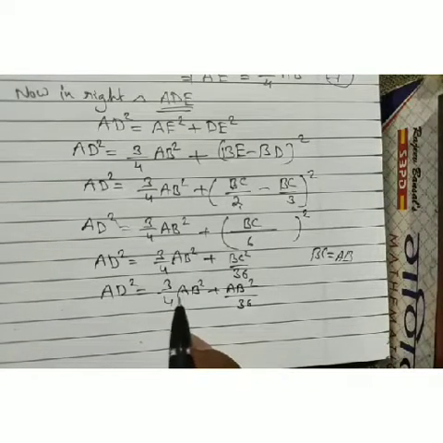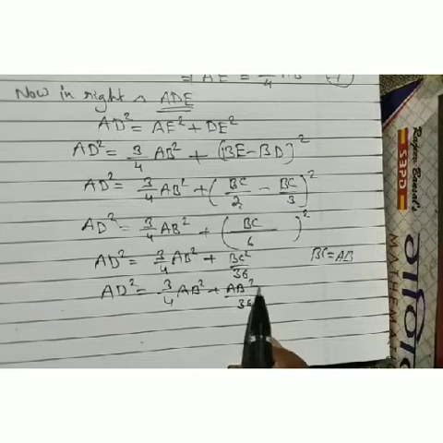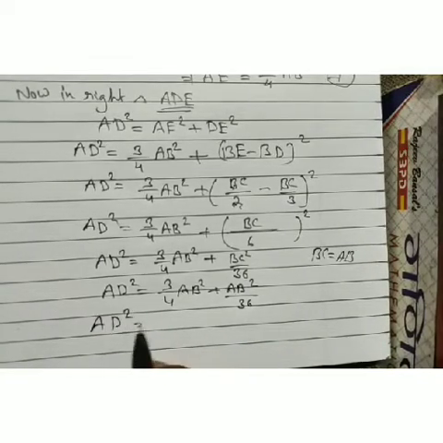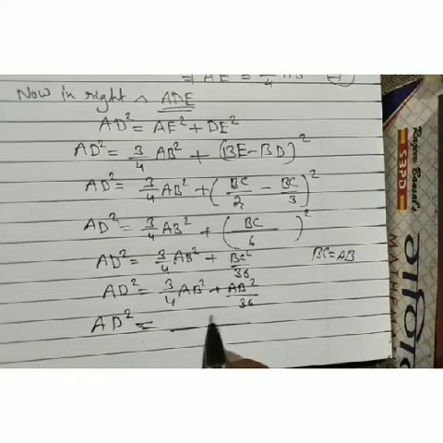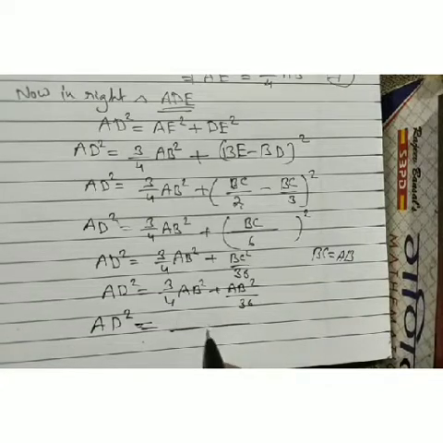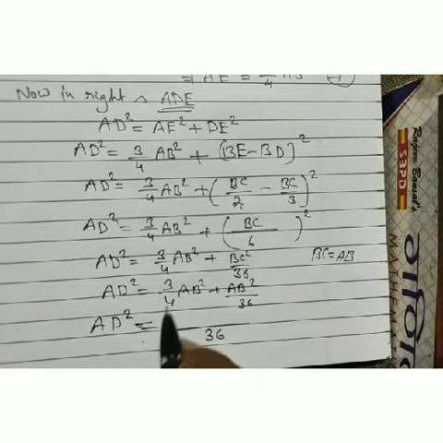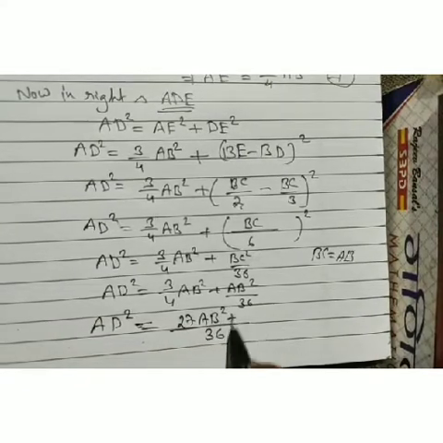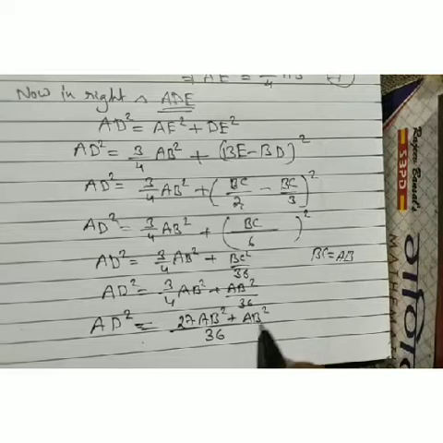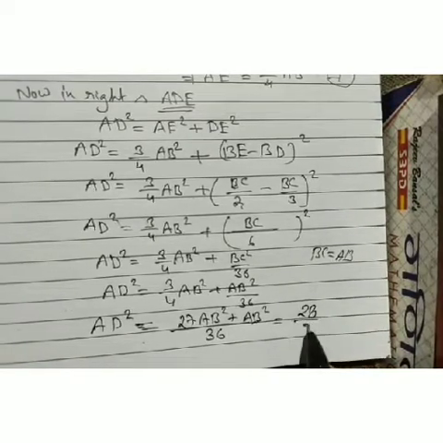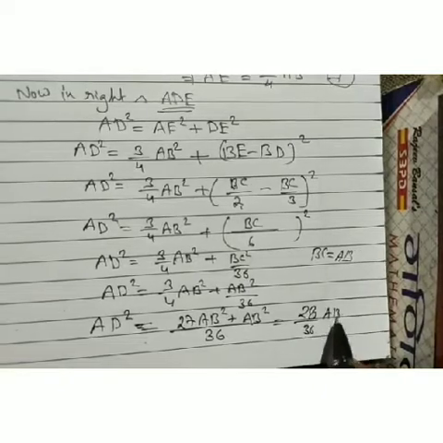Now what we have? It's 3 by 4 AB square plus AB square by 36 there. Now we are going to take the LCM and solve it. What is our LCM of 4 and 36? We get 36 there. 4 nines are 36. Then we get 27 AB square plus AB square, so we get 28 by 36 AB square.